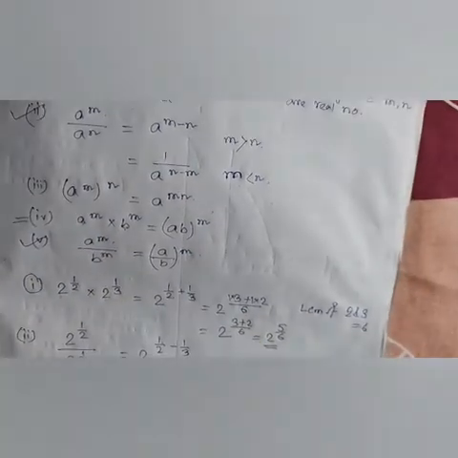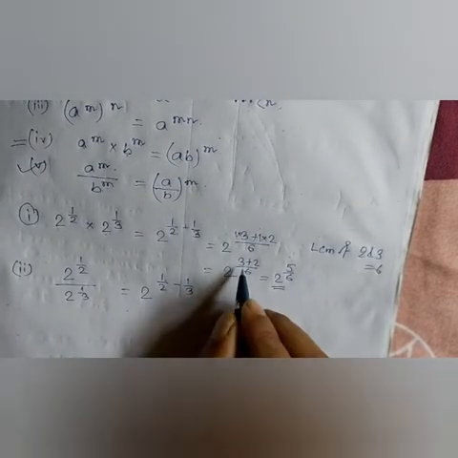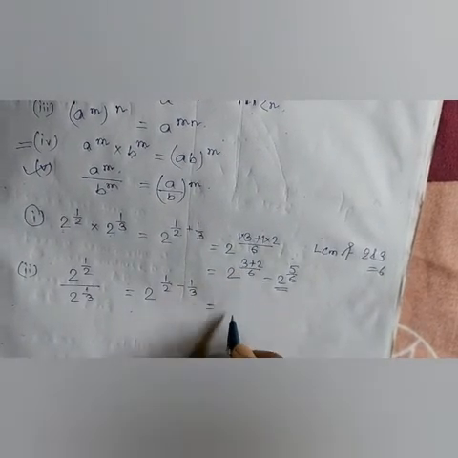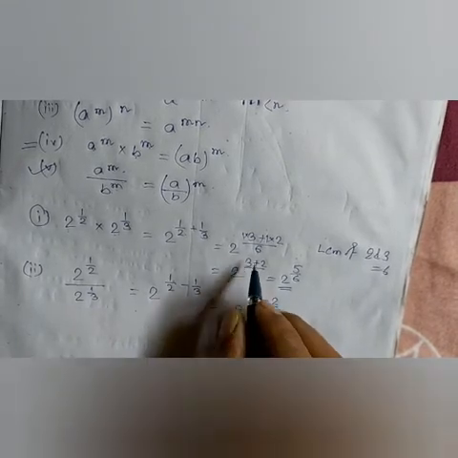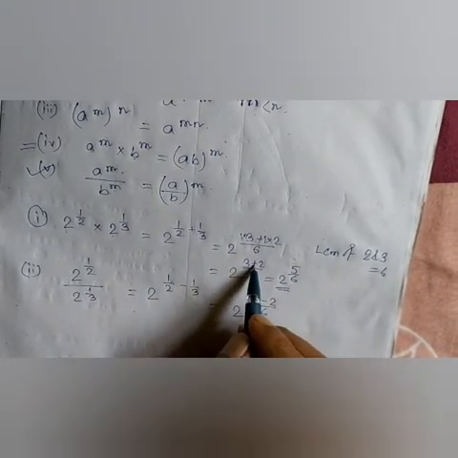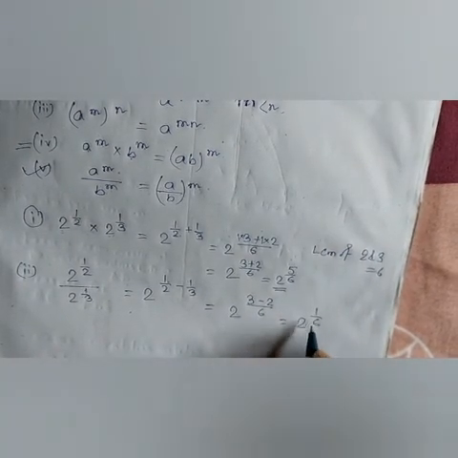So here also it is 1 by 2 minus 1 by 3. Similarly, in place of the plus, here is the minus sign, so 2 to the power 3 minus 2 by 6, that means 2 to the power 1 by 6.